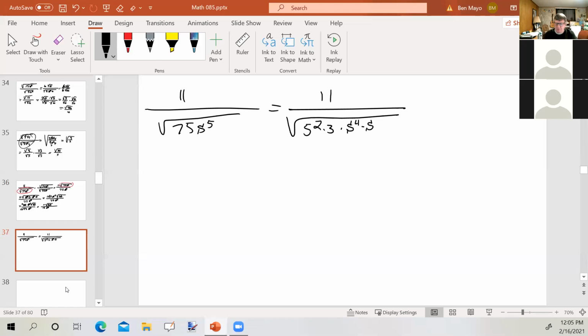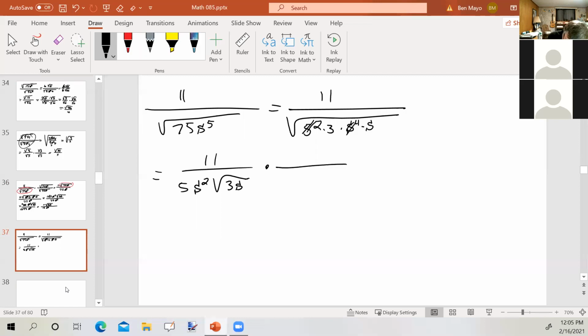Now, if you'll recall, I did that, but I did it in the numerator in the previous problem. I'm just going to simplify the denominator right at the beginning. So I get 11 over 5 s to the 2nd square roots of 3s. Okay, so I took the denominator, simplified it, kicked out a 25 and an s to the fourth, got 5s squared on the outside.